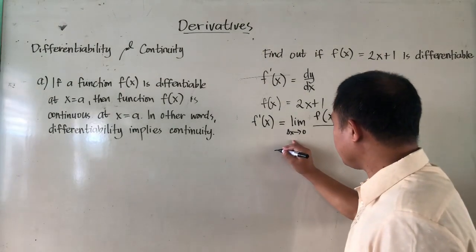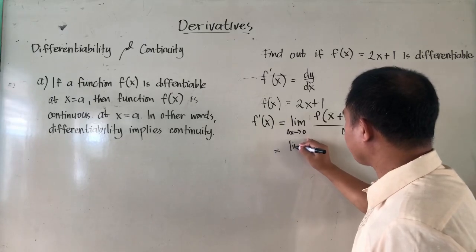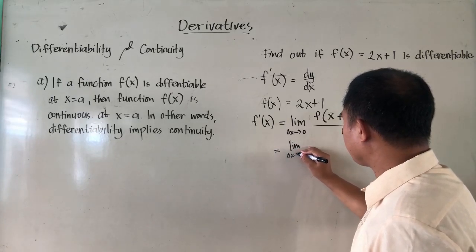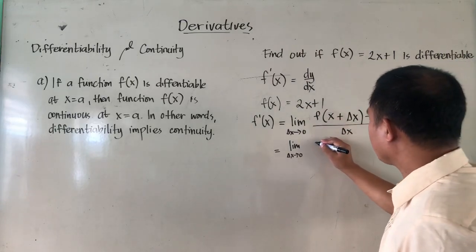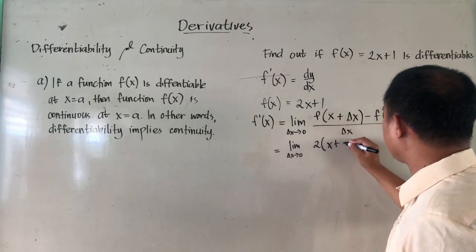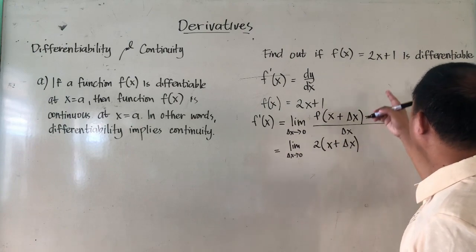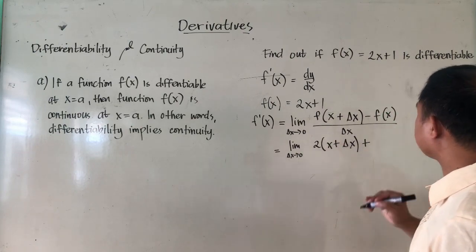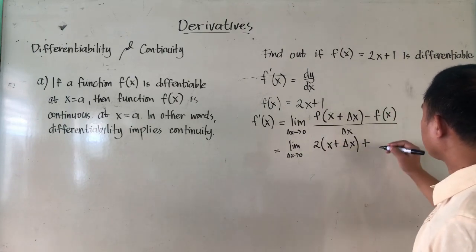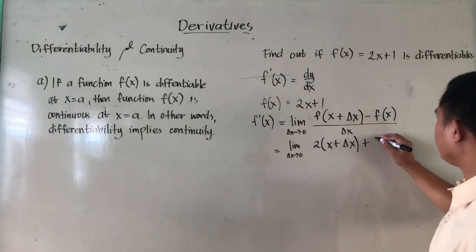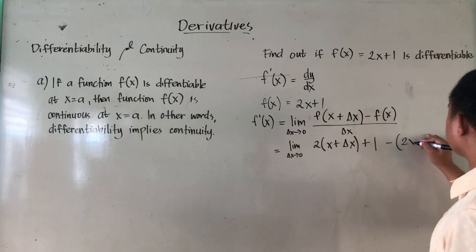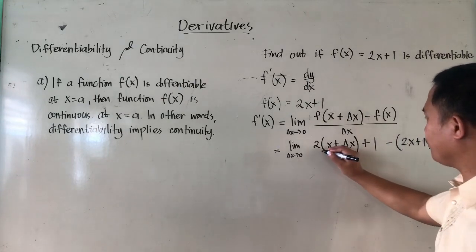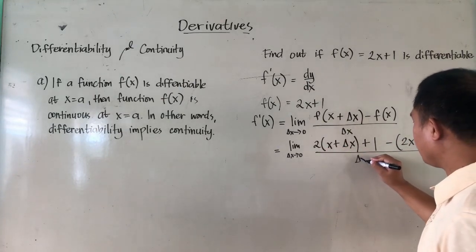That is equal to the limit as delta x approaches 0 of 2 times x plus delta x, plus 1, minus 2x plus 1, over delta x.